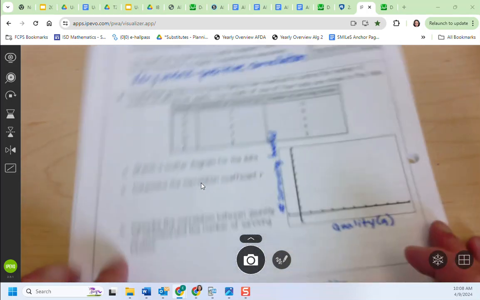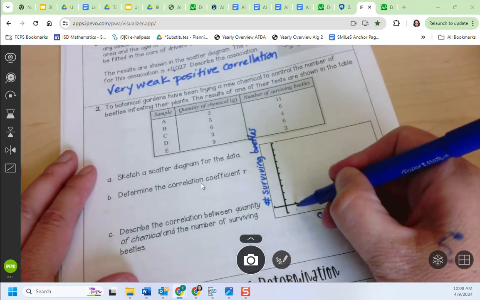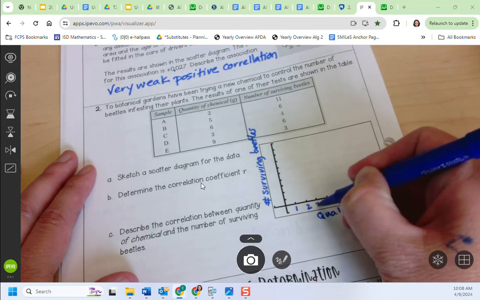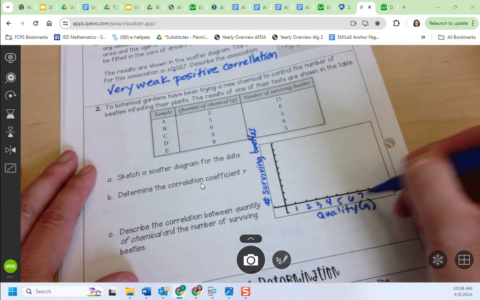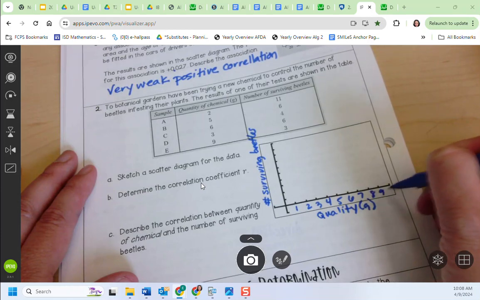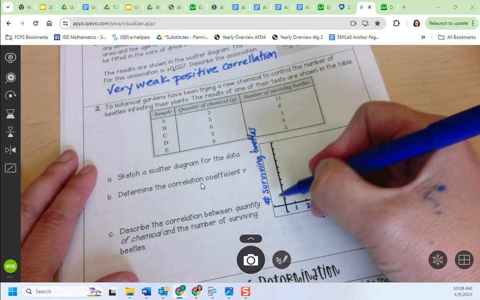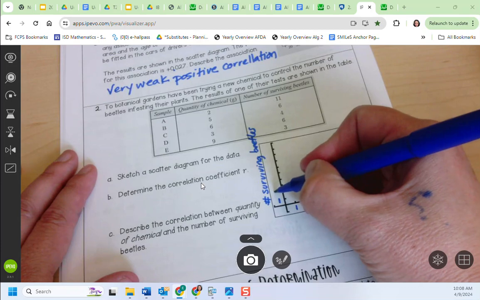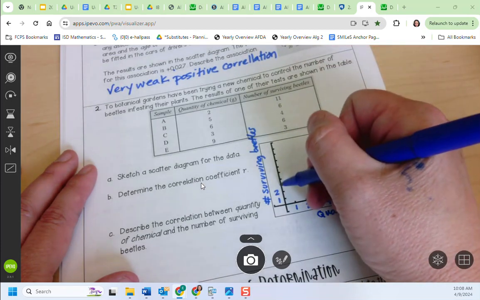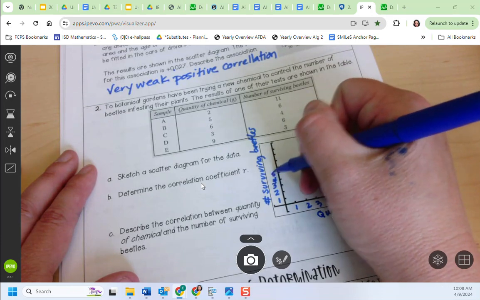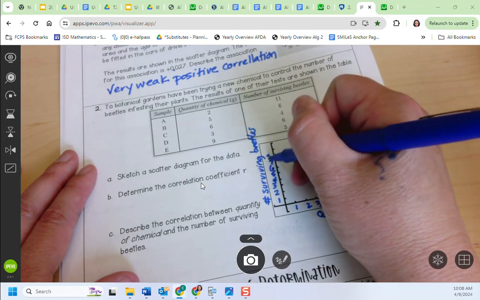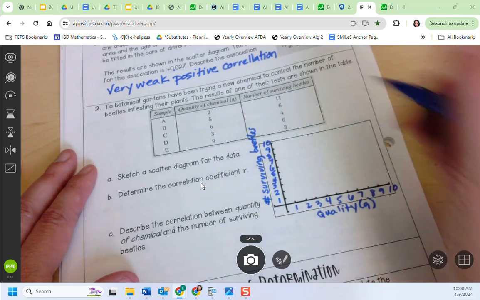All right, and then we're going to label numbers. And then we're going to just do a quick scatter plot. It doesn't have to be perfect. It's hard to do perfect when you don't have an actual grid. But do your best.